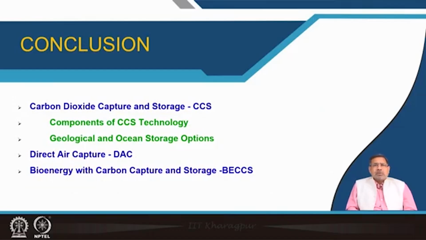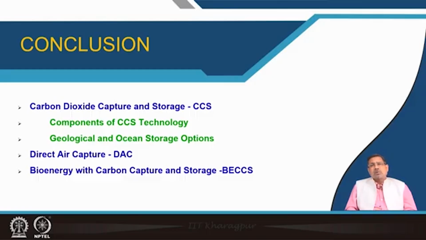So, these are the two references which have been used to prepare the slides. And what we discussed, friends, in nutshell, we discussed the carbon dioxide capture technology, particularly the various components of the CCS technology in terms of capture, transport, storage, and also utilization by other industrial processes. Storage also we discussed in terms of various geological and oceanic storage.